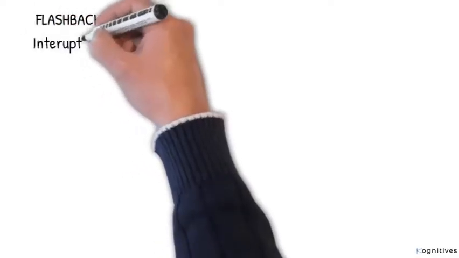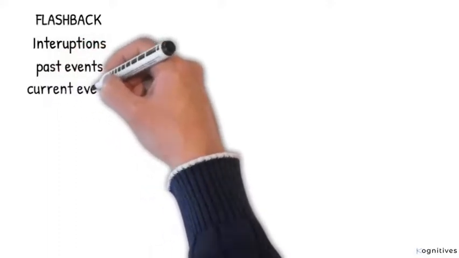Number three, flashback. What do we mean by flashback? They are interruptions that writers do to insert past events in order to provide background or context to the current event of a narrative.